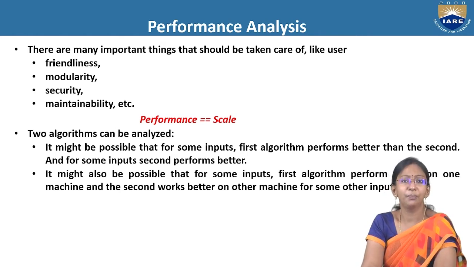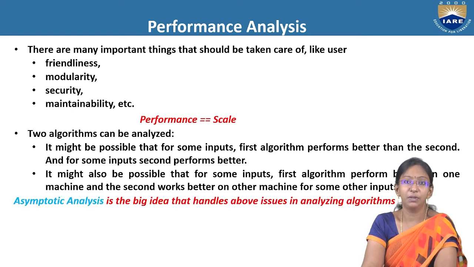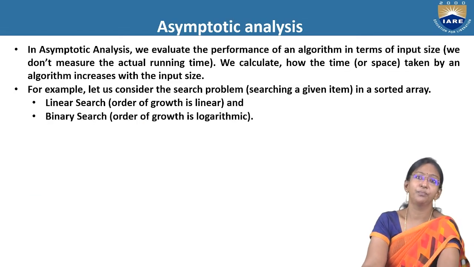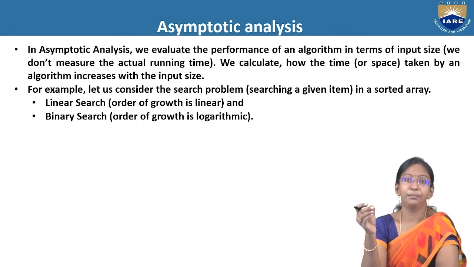The first algorithm may work better with a given input on one system, and the second may work better on another system with the same input. So it depends. Asymptotic analysis is a big idea which handles these issues of analyzing the performance of algorithms.